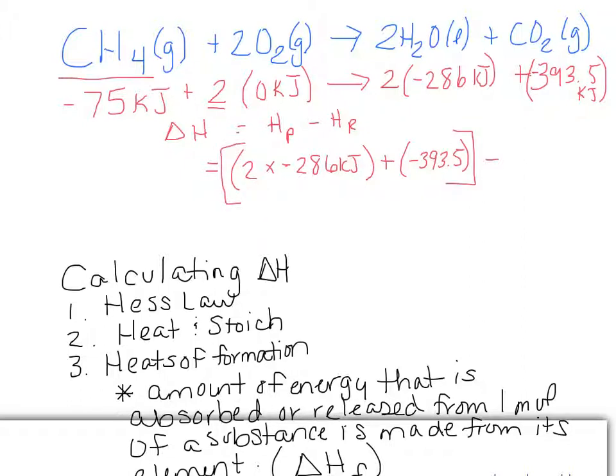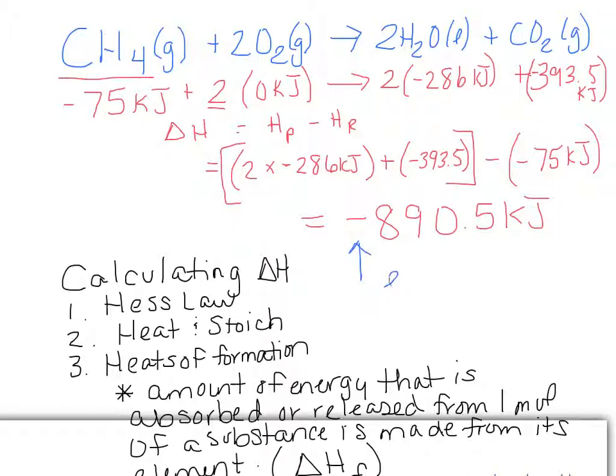And from that, you're going to subtract a negative 75 kilojoules because it's minus the reactants. So what you get when you punch that into your calculator is negative 890.5 kilojoules. Remember, this negative value tells you that this is an exothermic reaction due to the fact that delta H is a negative value.